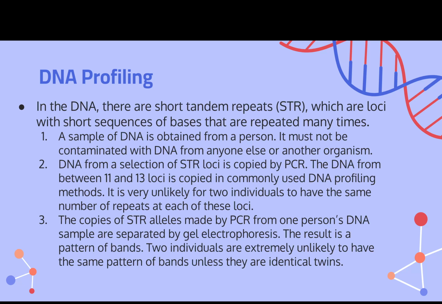So it's very unlikely for two individuals to have the same number of repeats at 11 to 13 loci, and therefore by using the DNA from these loci, you can determine who the person is. The copies of STR alleles made by PCR from one's DNA are separated by gel electrophoresis. So DNA profiling is basically where gel electrophoresis and PCR are both used together.